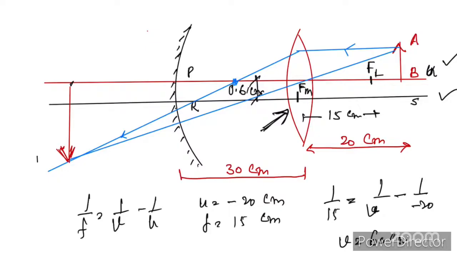Now it is 60 centimeter from the lens, so naturally this will be 30 centimeter.